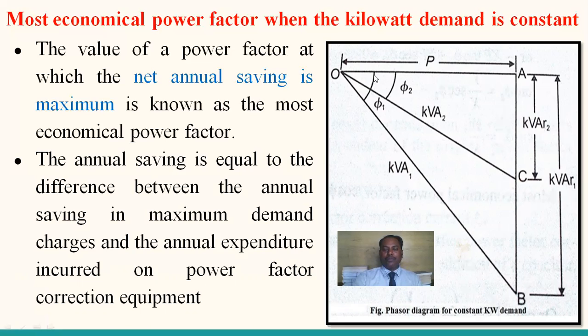At that time, the power factor is defined as real power by apparent power, which is cos phi 1. To reduce the reactive power from kVAR1 to kVAR2, we need to spend some expenditure on the power factor correction equipment.